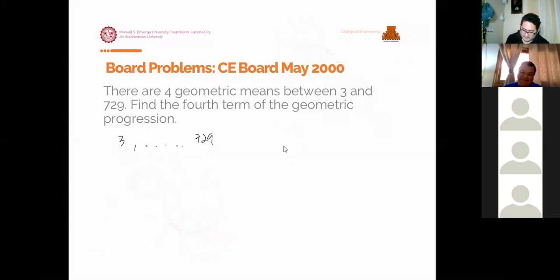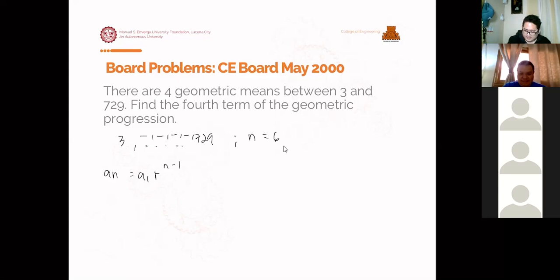So yung formula natin, again, is AN is equals to A1 R n minus 1. Okay? So may 4 geometric means between 3 and 729. So ibig sabihin may apat ditong digit, no? Between nung 3 and 729. So ang total natin na n, 1, 2, 3, 4, 5, 6. So n is equals to 6.